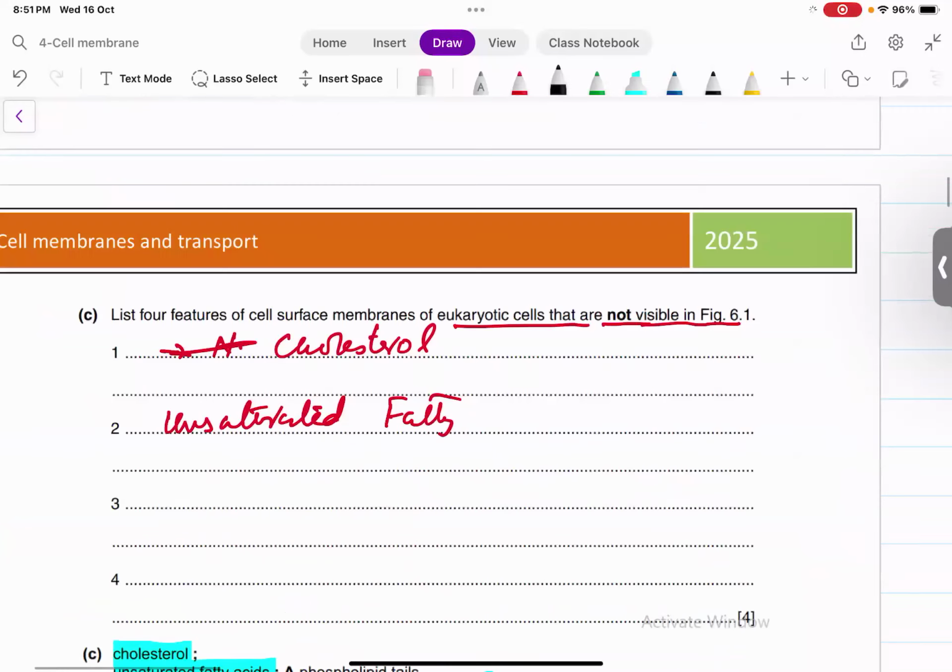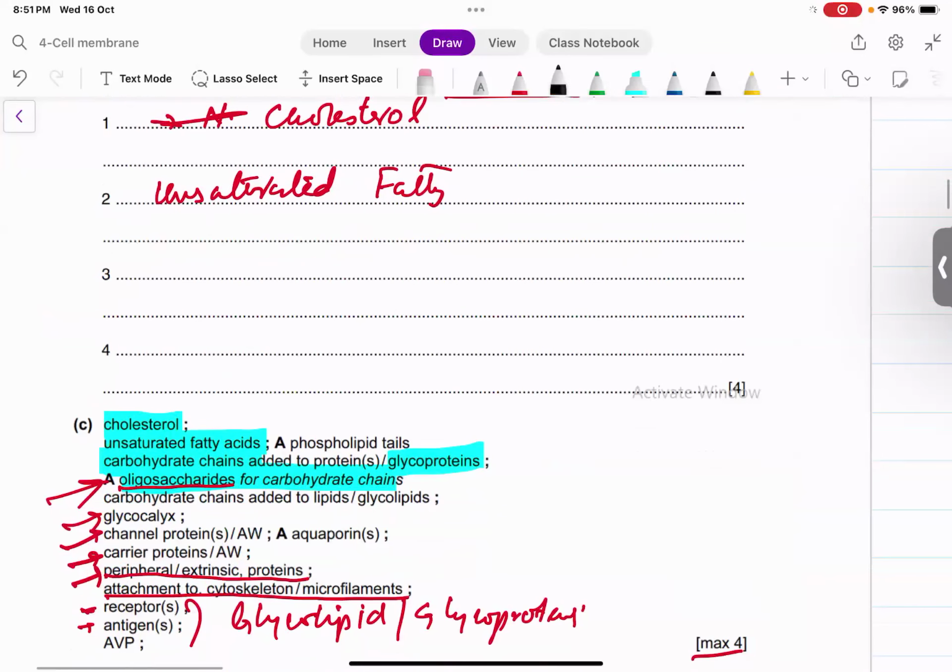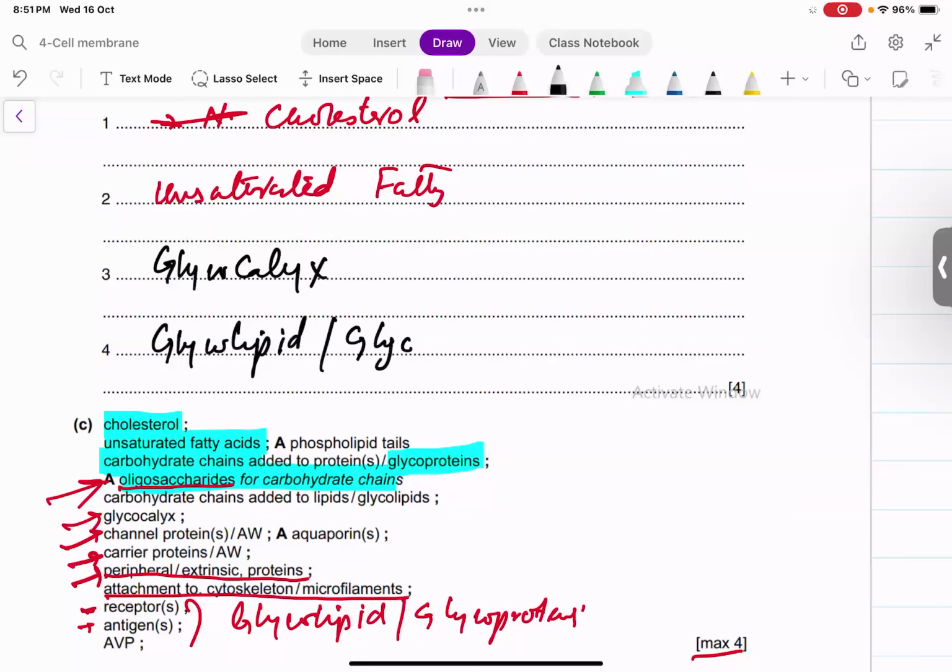So that's why we can write unsaturated fatty acids. Then you can write about glycocalyx, and then you can write about glycolipids and glycoproteins. So that's just enough that you can write about 4 features.